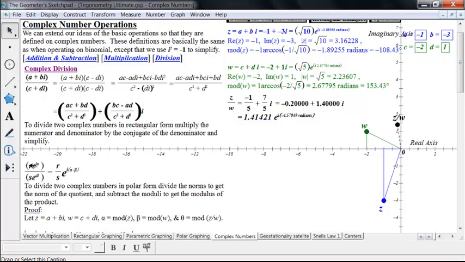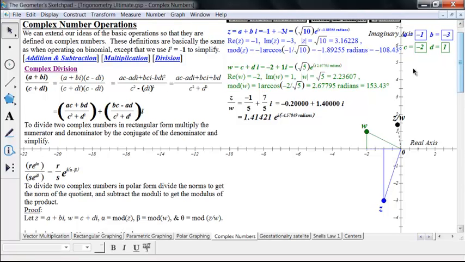If r and s are the positive numbers that are the absolute values, and then we have angles alpha and beta, we're just dividing r divided by s to get the magnitude of the quotient, and we're subtracting the angles to get the angle of the quotient. It's because these angles operate like exponents when multiplying and dividing that we use the exponent kind of notation. So that's called the polar notation.